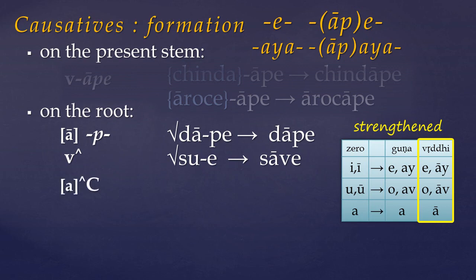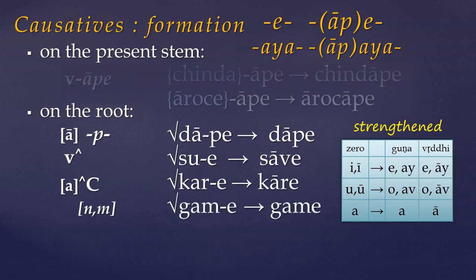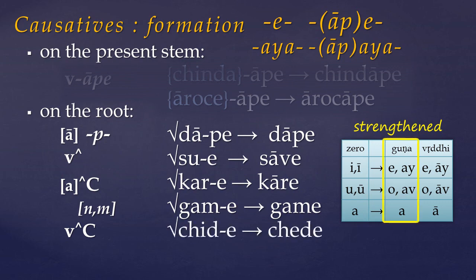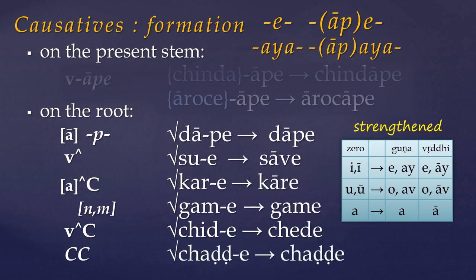And roots where the radical vowel is a short a, followed by a single consonant, they too generally strengthen to the vuddhi grade. There are some exceptions, notably roots ending in n or m. While roots with a radical vowel other than a, followed by a single consonant, they are strengthened, but to the guna grade. And any root which ends in a double consonant, the root is left unchanged. And some verbs don't follow any of these rules.